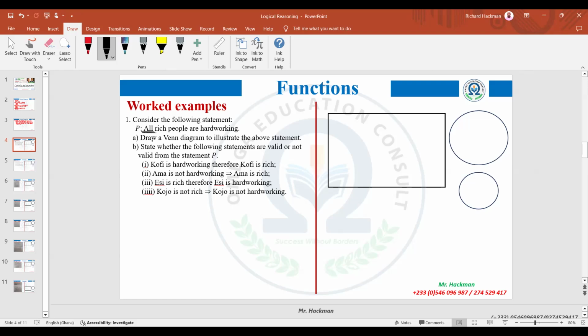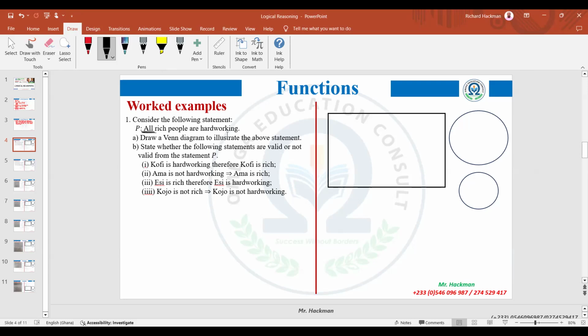Yes, please. And again, if you look at the statement, how many categories of people, or how many sets of people, can you see there? Three? Name them. Kofi, Amma. Sorry, there are four.